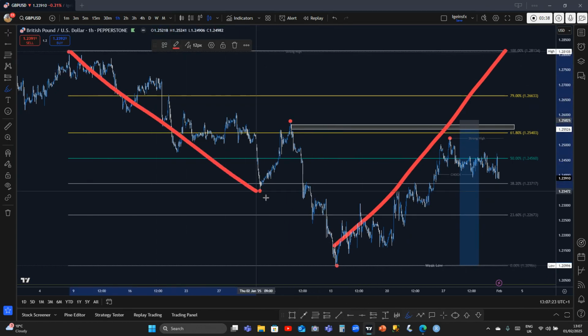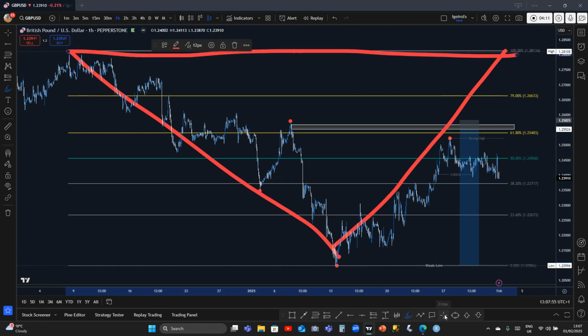This is the main structure. From this strong high, price pushed to this downside, and it created a low. All right. Now, the relief of this push from this level to this level, from the main structure, this is the pullback. On no account should this move take out this high.